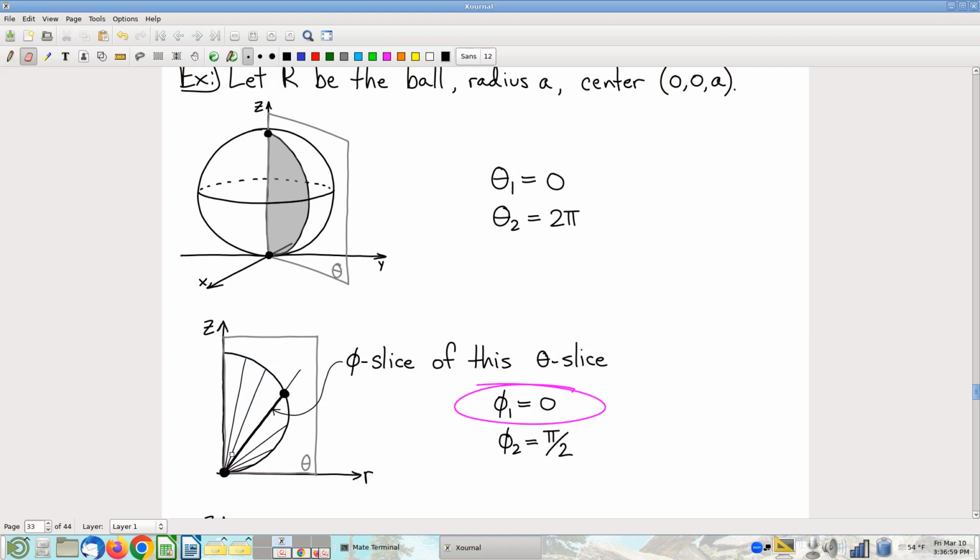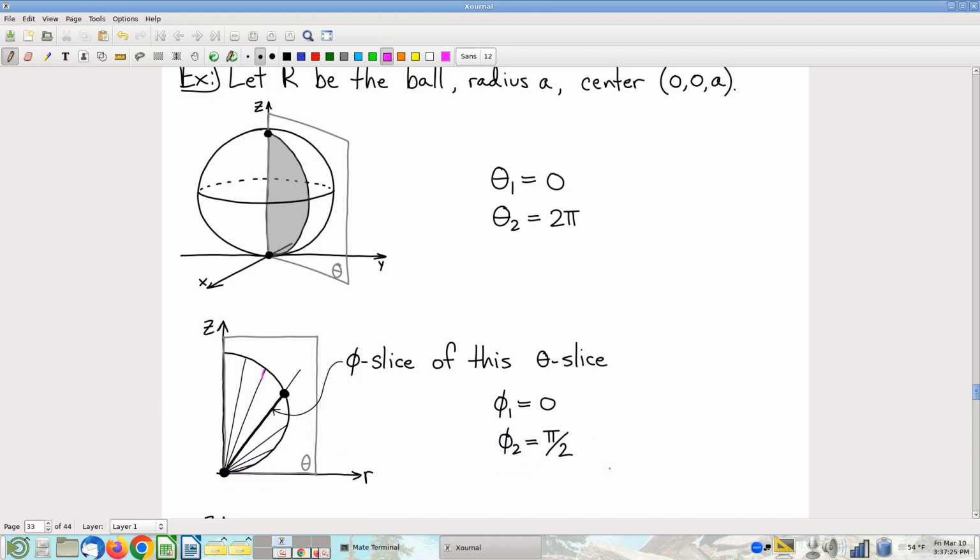And then phi goes along and it gets greater and greater, and you can see the greater it gets, the shorter these slices are, and then eventually at pi over 2 is where they finally disappear. So ending value of phi then is pi over 2.